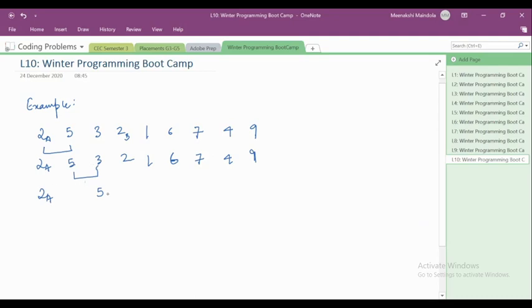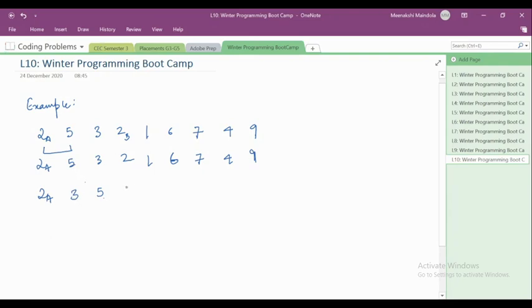If 5 is greater, it is placed here at its correct position, and then 3 is compared with the previous element, which is 2. Now 2 is less than 3, so this is the correct position of 3. So the first swap that occurs here is of 3 and 5.